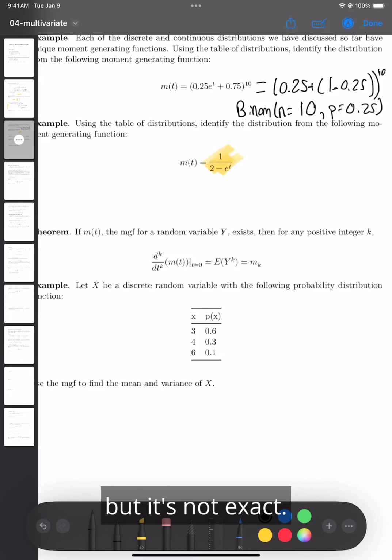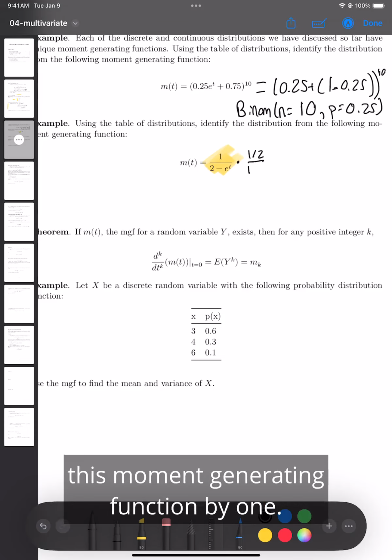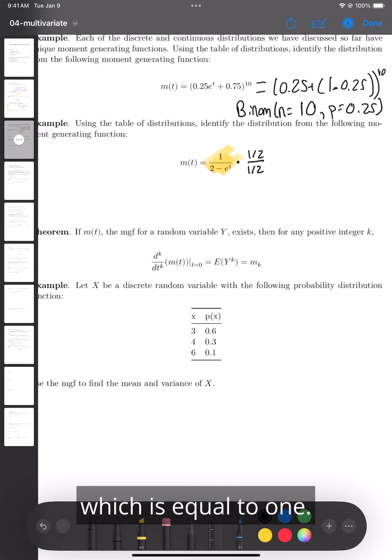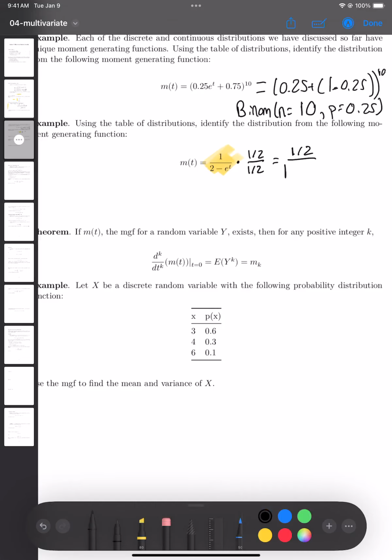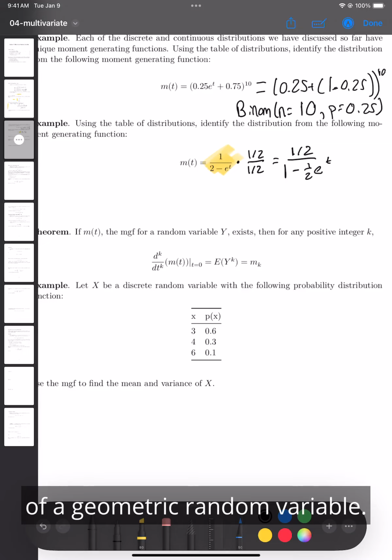but it's not exact. So what I'm going to do here is multiply this moment generating function by 1. I'm going to multiply it by 1/2 divided by 1/2, which is equal to 1. That will give me a slightly different form. That now looks a lot closer to the MGF of a geometric random variable.